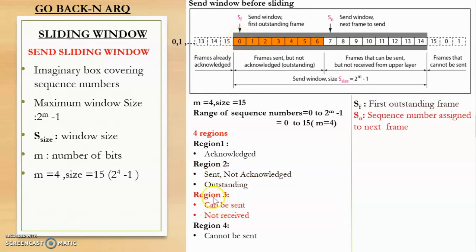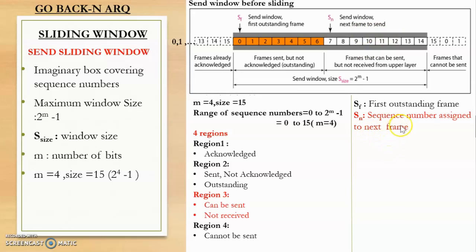Now the third region defines the range of sequence numbers of the frames that can be sent but they are not received from the higher layers. So over here in this figure, these are the range of sequence numbers of the frames that can be sent but they are not yet received from the network layer, and they are part of the window.